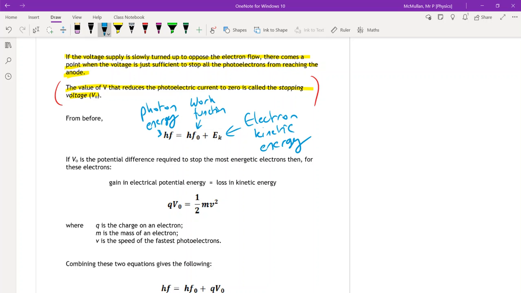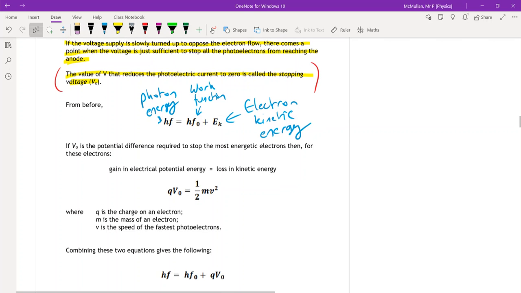If V naught is the voltage required to stop the most energetic electrons, then for these electrons we could say that the energy is equal to the charge times the voltage, which equals a half mv squared. Because what's our formula? W equals QV, E equals QV, which equals a half mv squared.